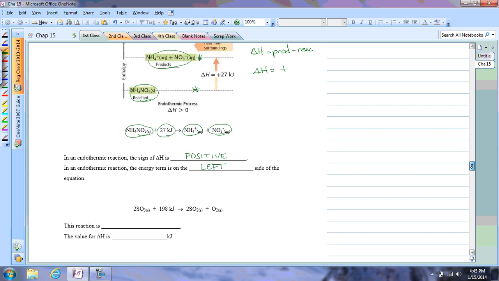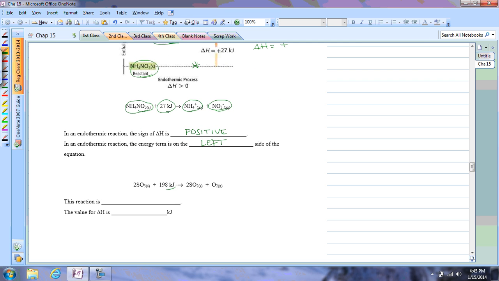If we look here, this reaction is endothermic because the energy term is left of the arrow, and the value for delta H for an endothermic reaction is positive, so positive 198 kilojoules.